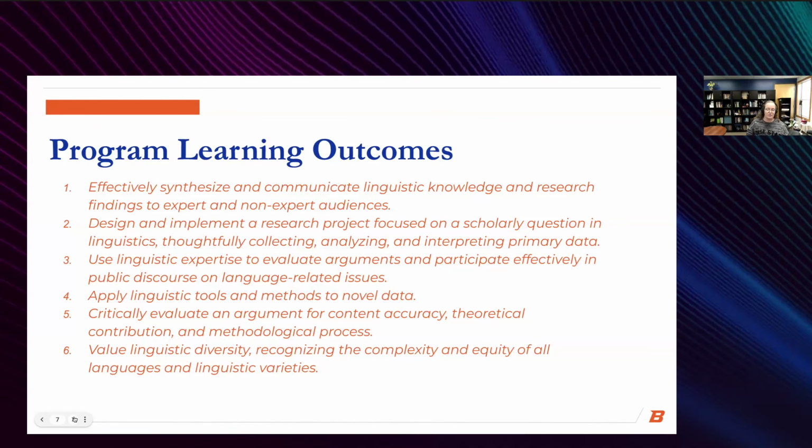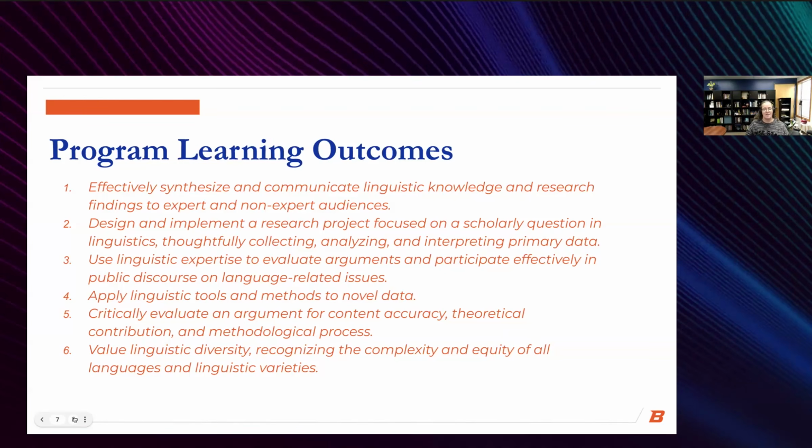And they illustrate our goals for what our students should master by the time that they have graduated with a degree in linguistics. Some of them are more standard in that, for example, program learning outcome number 6, valuing linguistic diversity, recognizing the complexity and equity of all languages and linguistic varieties. I would assume that would be something very standard for a linguistics program.